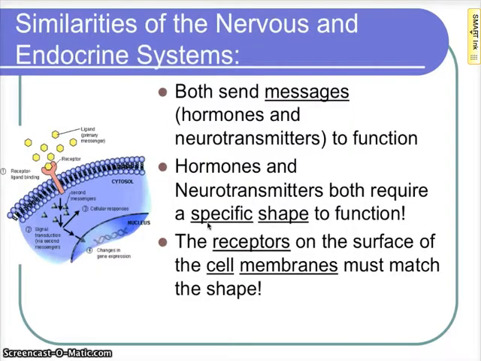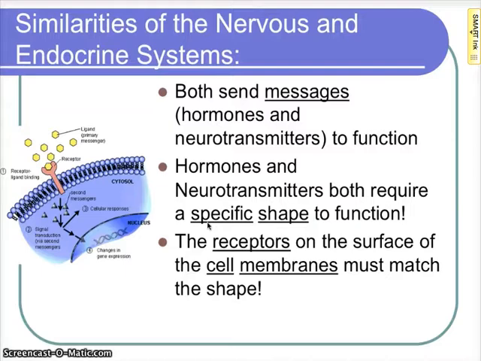So the similarities between these two. Hopefully you already realize that both send messages. Whether it's a hormone or a neurotransmitter, they have to send a message in order for it to work. Both the hormones and neurotransmitters require a specific shape, really similar to how we talked about enzymes.